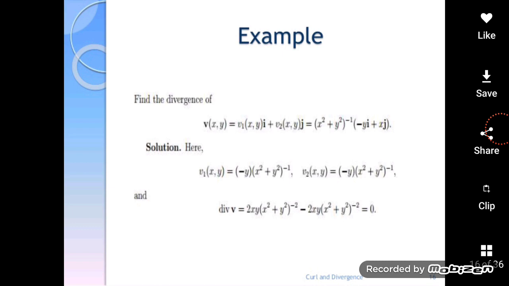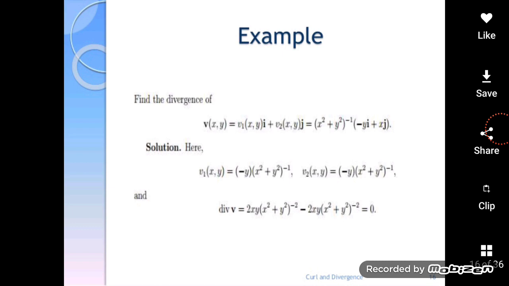So v1 is depending on xy along unit vector i cap, plus v2 is depending on xy along j cap. It is equal to x square plus y square to the power minus 1 times minus y i cap plus x j cap.